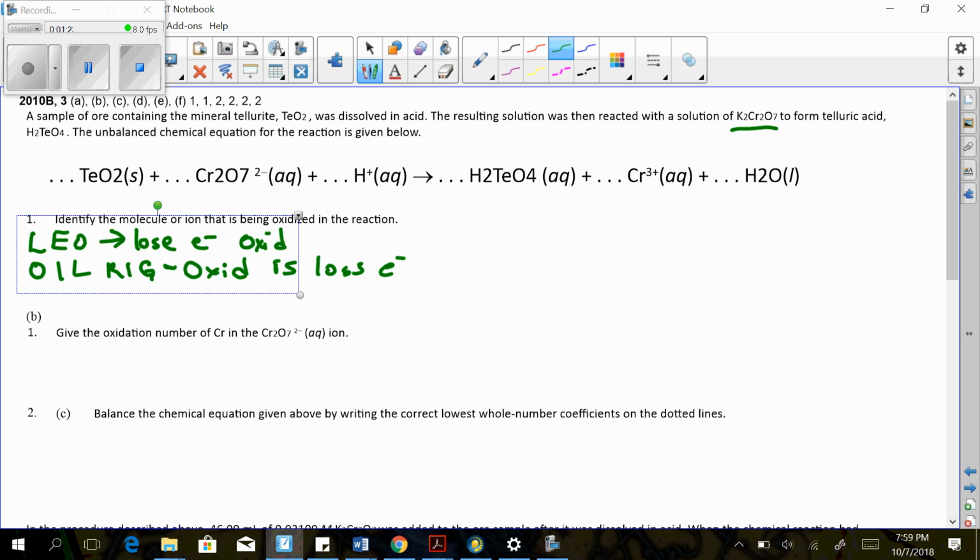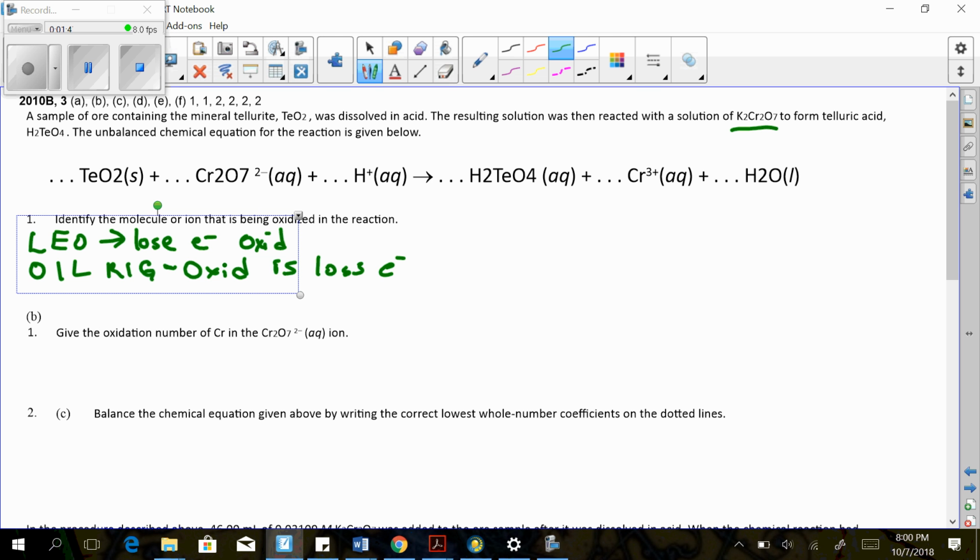So if something loses electrons, it's oxidized. We're going to go up to the top reaction and inspect everything to figure out which species is losing electrons. In the meantime, we'll also figure out that if you have oxidation, you always have reduction also going on. One can't come without the other.